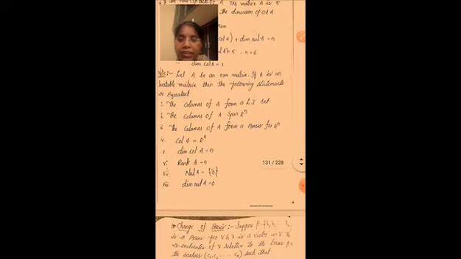First one is, the columns of A form a linearly independent set, the columns of A span R to the power of n, the columns of A form a basis for R to the power of n, and next, column A is equal to R to the power of n and dimension of column A is equal to n, and next rank A is equal to n, next null A is equal to singleton 0 and dimension of null A is equal to 0. So the columns of A form a linearly independent set.